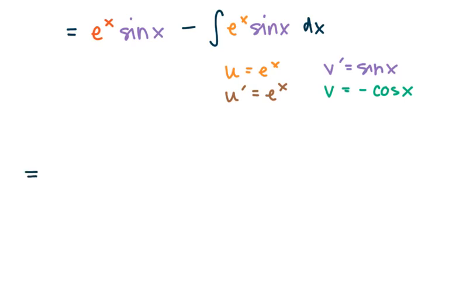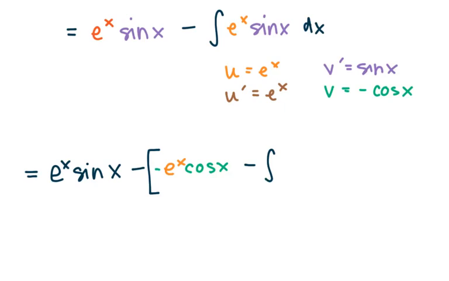So bringing down what I have, I'm just going to pull this down to the next line: e to the x sine x minus. So my integration by parts, again, is u times v, e to the x times negative cosine x, minus the integral of v u prime.